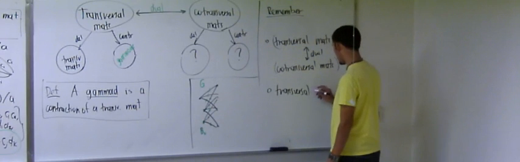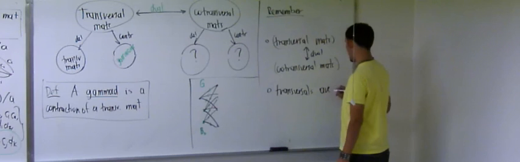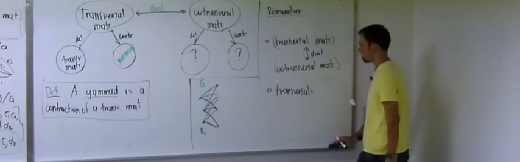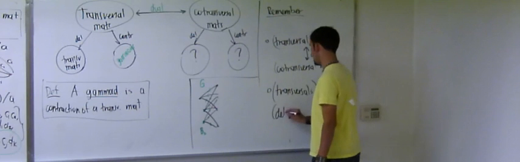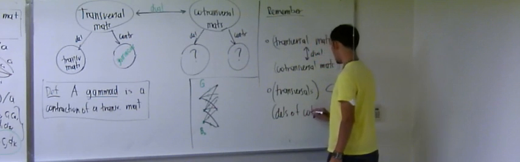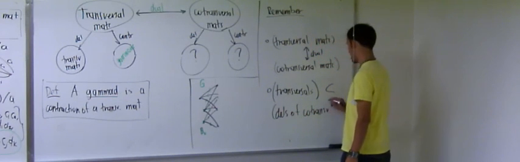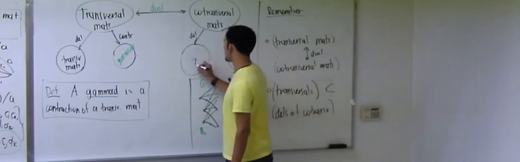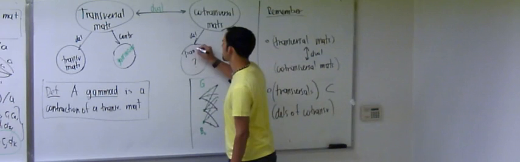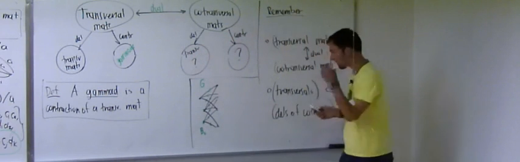So transversals are contained in the deletions of the cotransversals. So we don't know much about this class, but we do know that the transversals are in here. Okay.